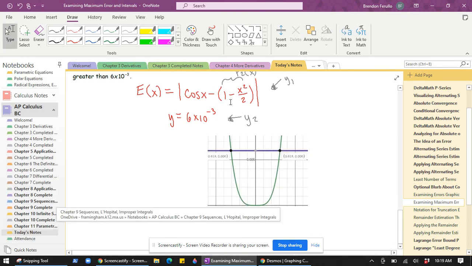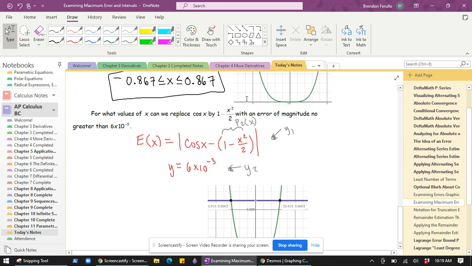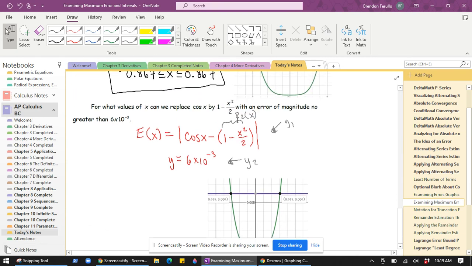All right, so what does the question say again? For what values of x can we replace that function with an error no greater than 6 times 10 to the negative 3? Well, for all x in the interval negative 0.618 to 0.618.